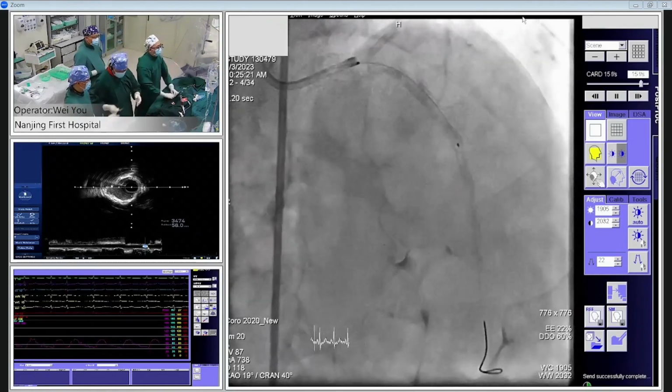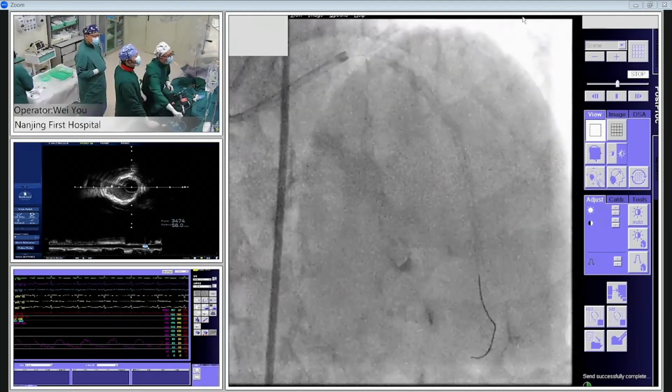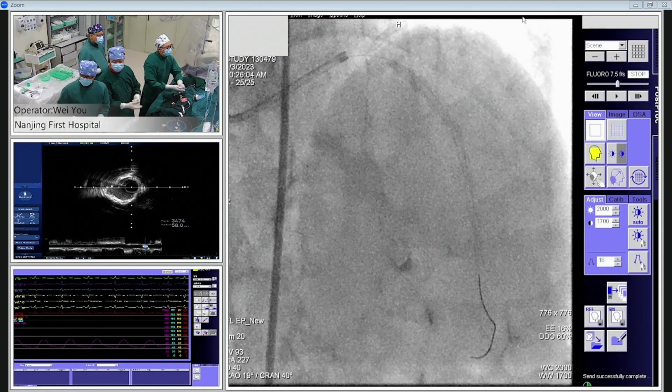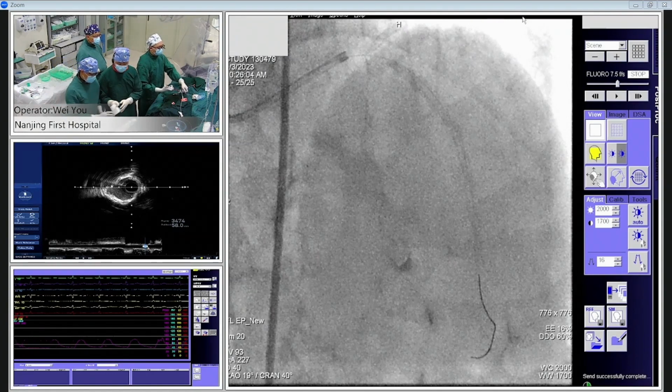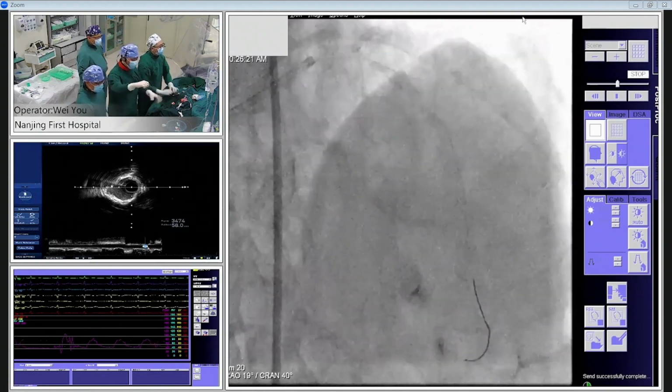Yeah, maybe we should upsize the NC balloon, 2.75 with high pressure. Okay, 2.75 high pressure balloon. Adding a little pressure, a little damping.